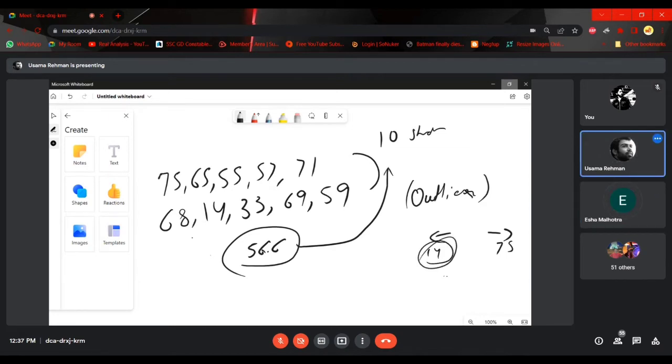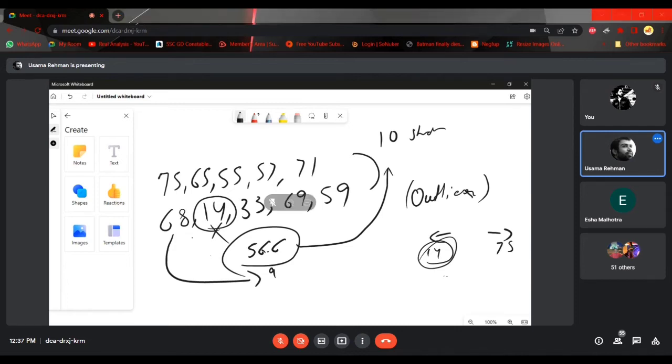So now let's take 14 out of the group and tell me the mean of 9 people. Sir, 61.3. 61.3, right? And another outlier would be 33.